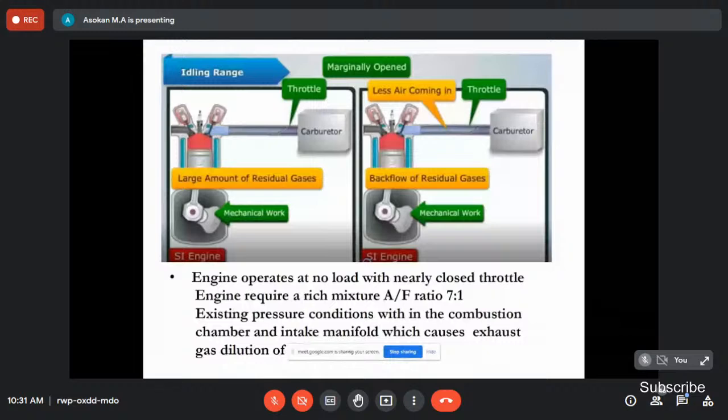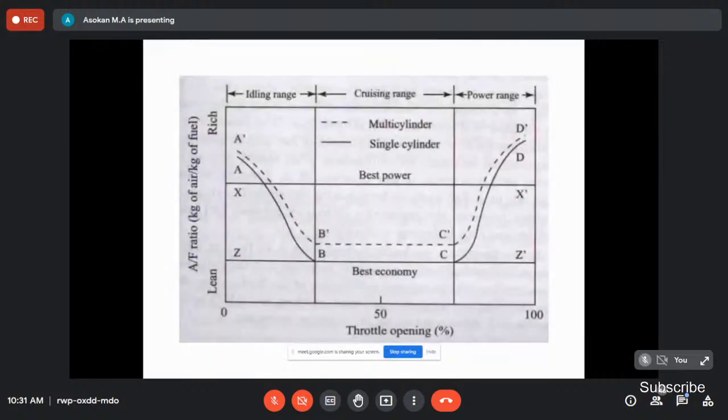As the throttle opens, the mixture gradually decreases, so it comes to the lean mixture, point A to B. Then B to C is the best economy. As the throttle valve opens gradually, at the same time we can run on the lean mixture.